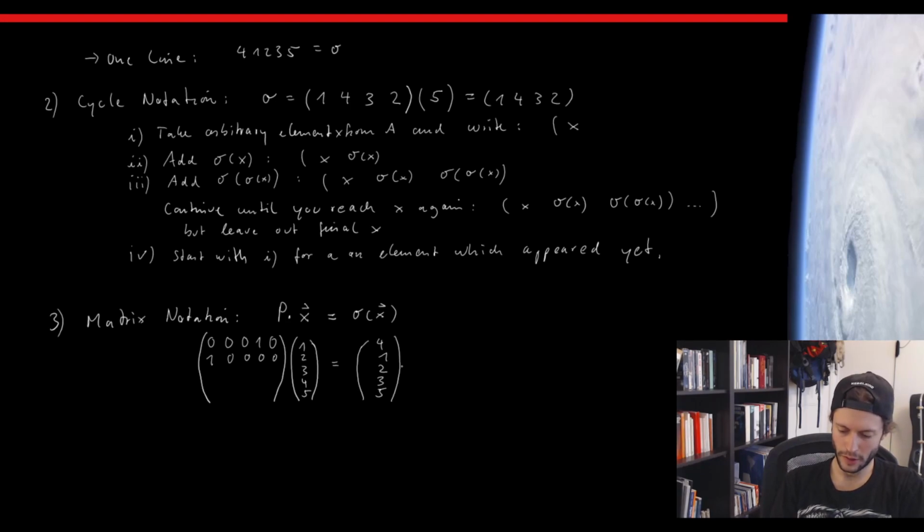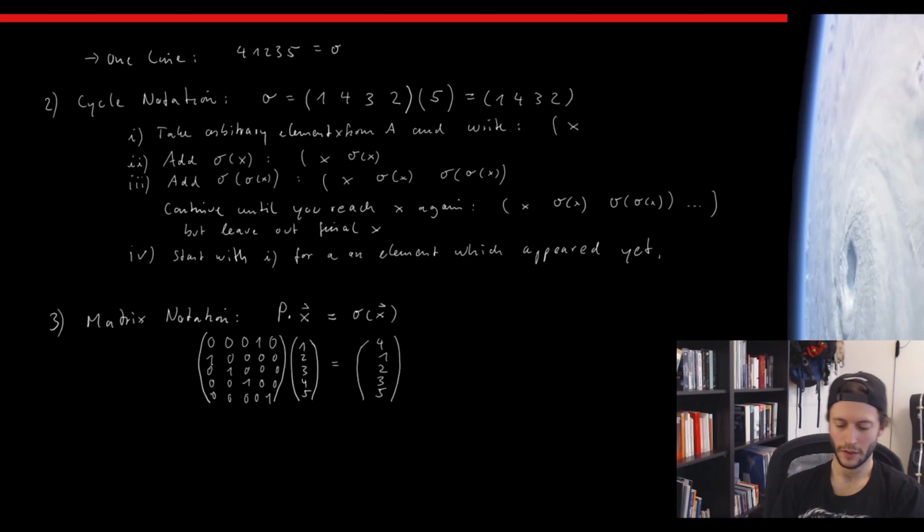So for the 1, we get 1 times 1 and zeros everywhere else. For the 2, we put the 1 at the second position. For the 3, we put it at the third. And the 5 on the diagonal. Fill everything out with zeros, and there you go.